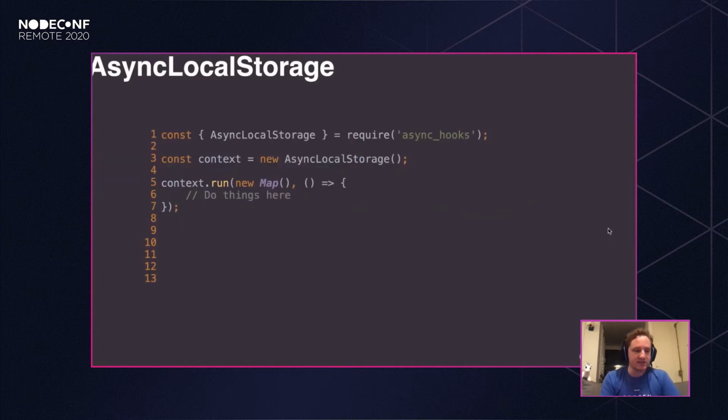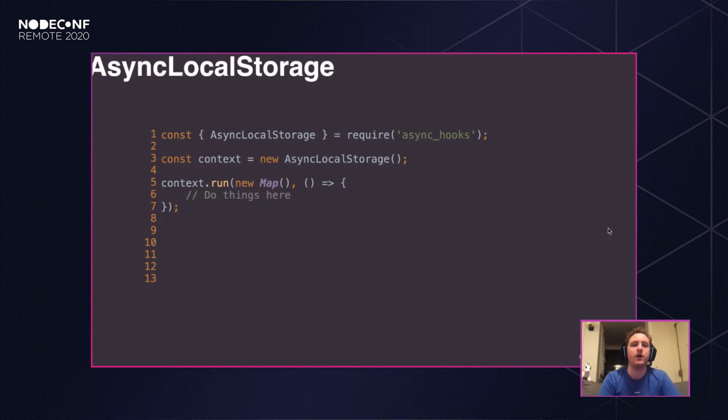Okay, so it's a pretty straightforward API to use because you just require it from the async_hooks core module, and then you call new on it. So that's what I do on line 3. I call new AsyncLocalStorage and I create a context, and I need to create only one. And then I need to enter the context. I need to start running code within the scope of the context. So that's what I do on line 5.